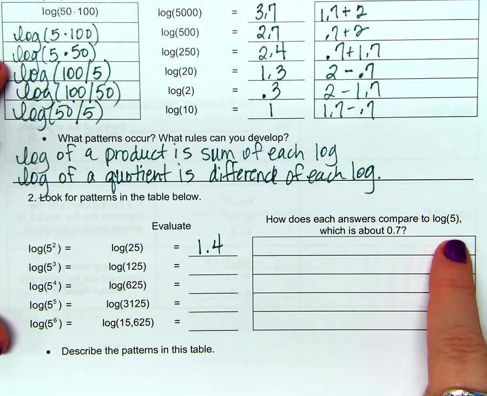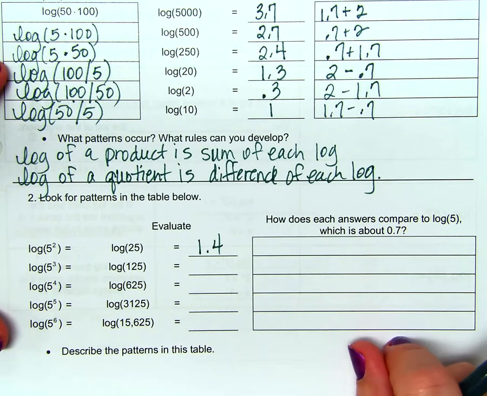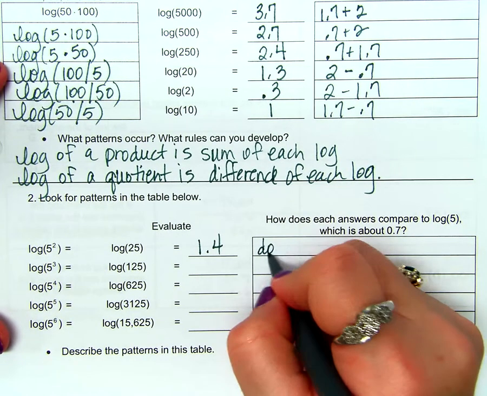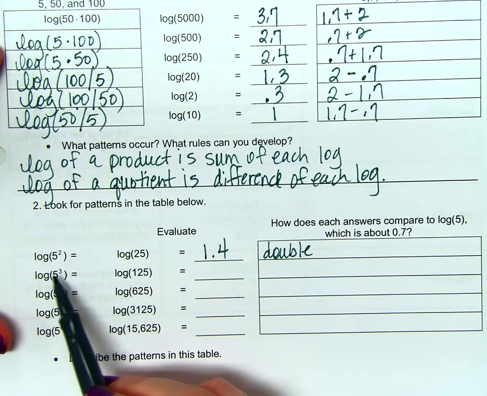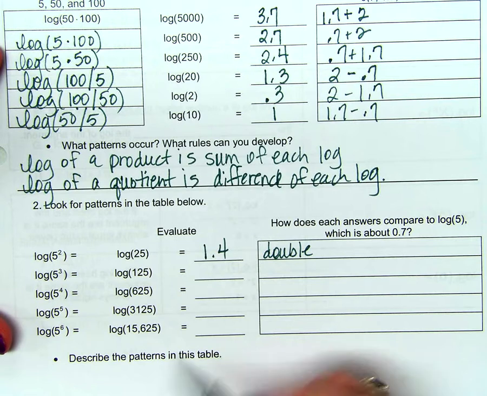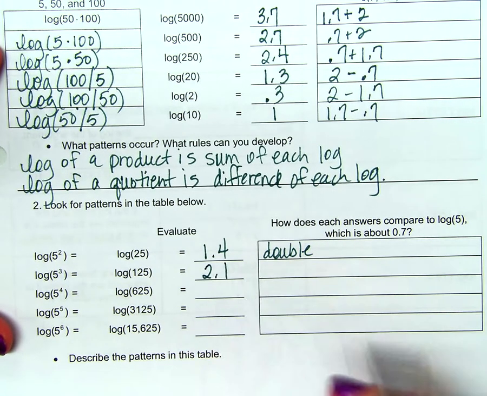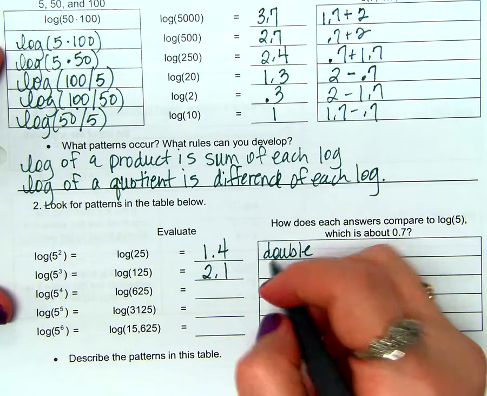How does this answer compare with the log of 5, which is 0.7? Double? Okay. What about log of 5 to the third, which is the log of 125? 2.1. How does that compare to the log of 5? Triple?